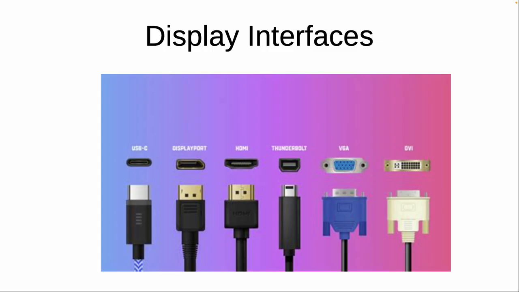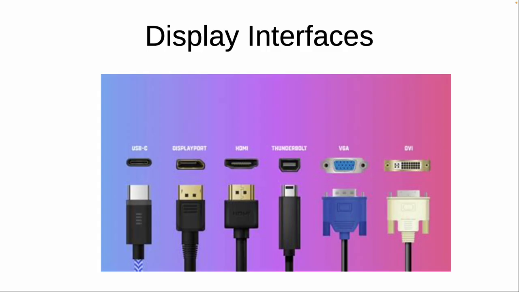What do we do with these? Well, display interfaces. The old one was VGA, which actually sent analog, so it had RGB, send and receive, ground, 5 volts, and a couple other signals. Mostly now, people still use that for retro computers and small applications. DVI is much more common. DVI is completely open source.